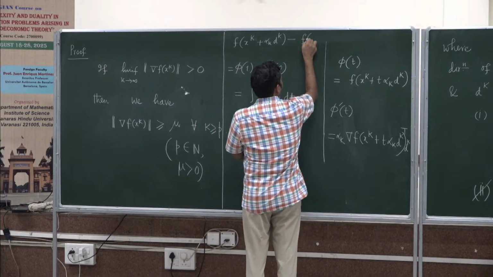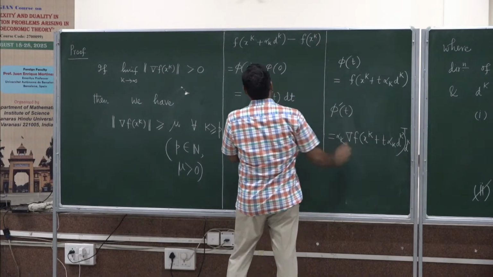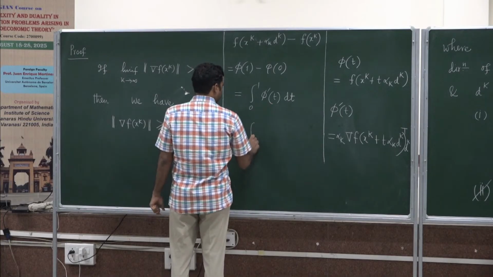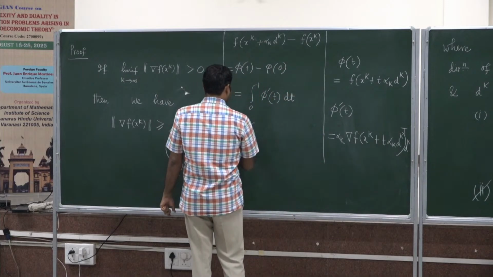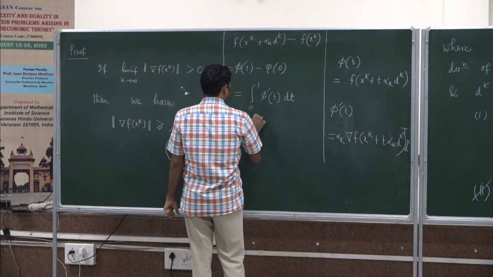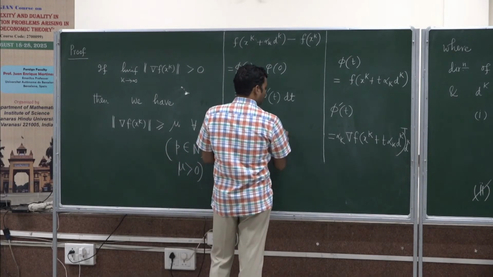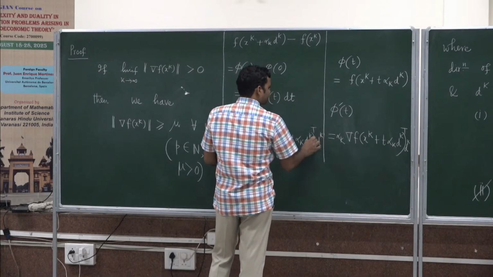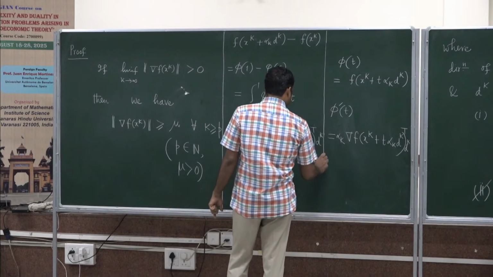minus f of xk. This difference is your phi 1 minus phi 0, and phi dash t is over here, so it will be integration 0 to 1, with alpha k coming out, of gradient of f at xk plus t alpha k dk transpose dk dt.